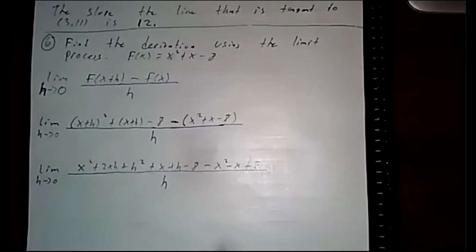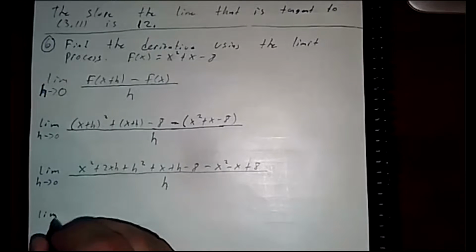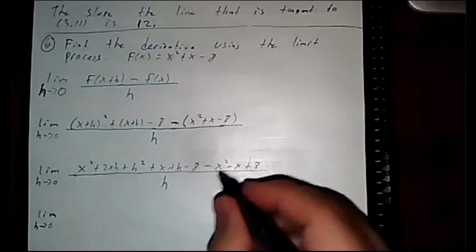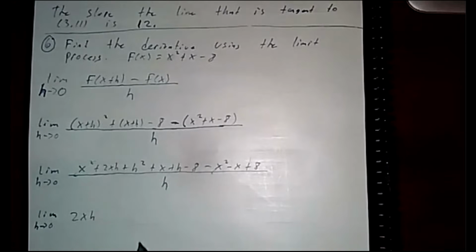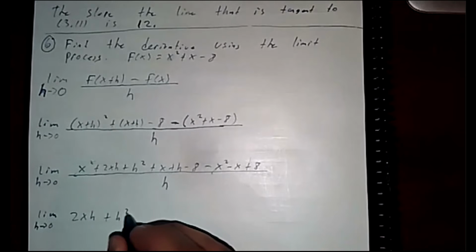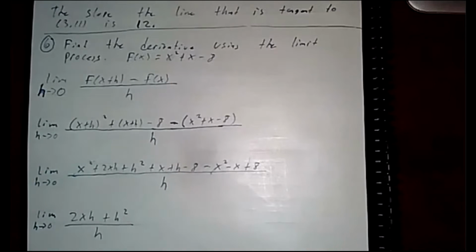There you go. I'll just do the algebra for you there. So now the x squares will cancel, the x's will cancel, and the 8's will cancel, right? That will leave me with 2xh plus h squared over h.